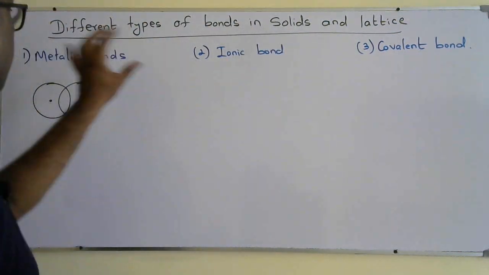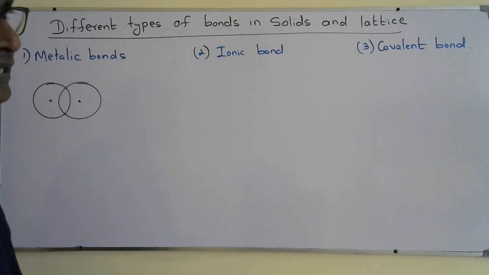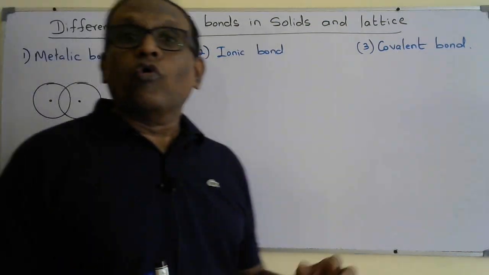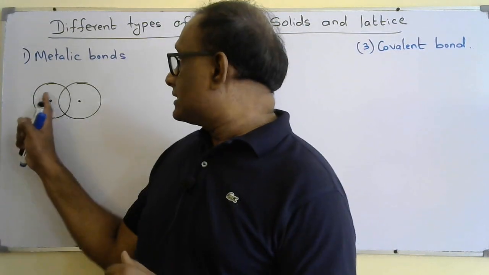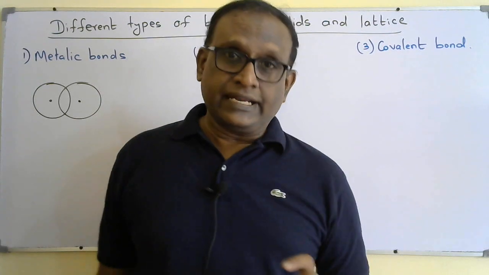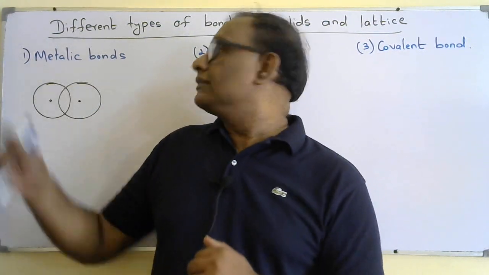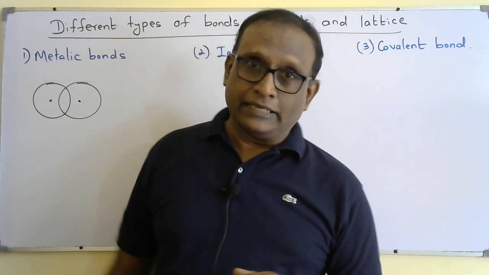So the difference between metallic bonds and ionic bond: in metallic bonds, the last orbit electrons are overlapping heavily among them because the distance between the nuclei is smaller than the diameter of an atom. Because of that overlapping, they form a bond called metallic bond.